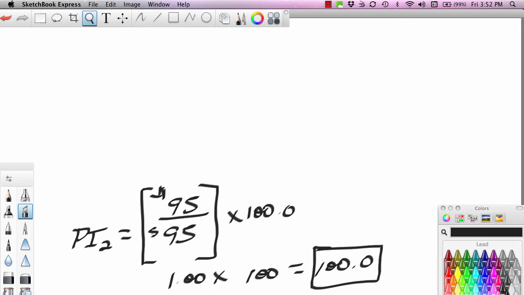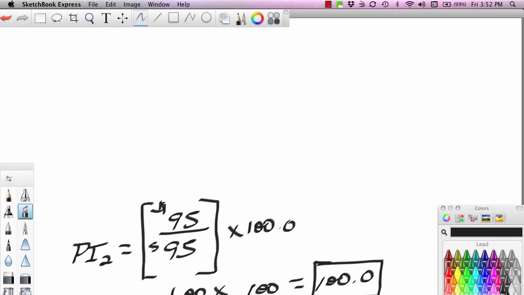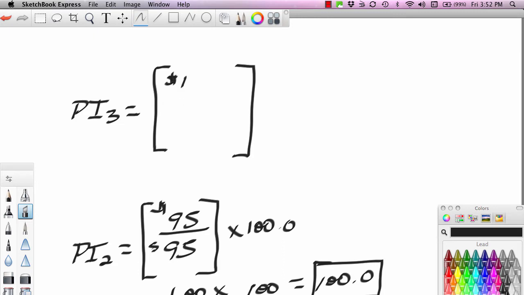Let's do another one here. Let's do one more time. So PI3, we're actually going upwards. That's interesting. So what's the basket value in year 3? Well, the basket value in year 3 is 110. We divide that by what? The base year value of the basket, 95. We multiply that by 100.